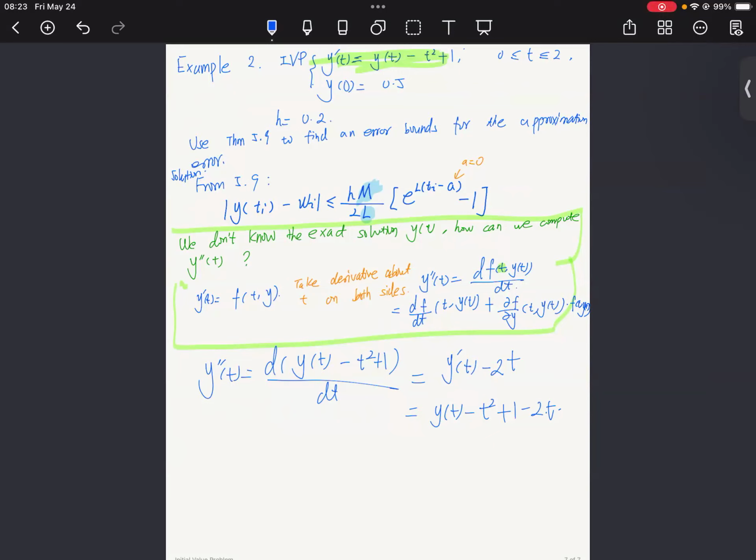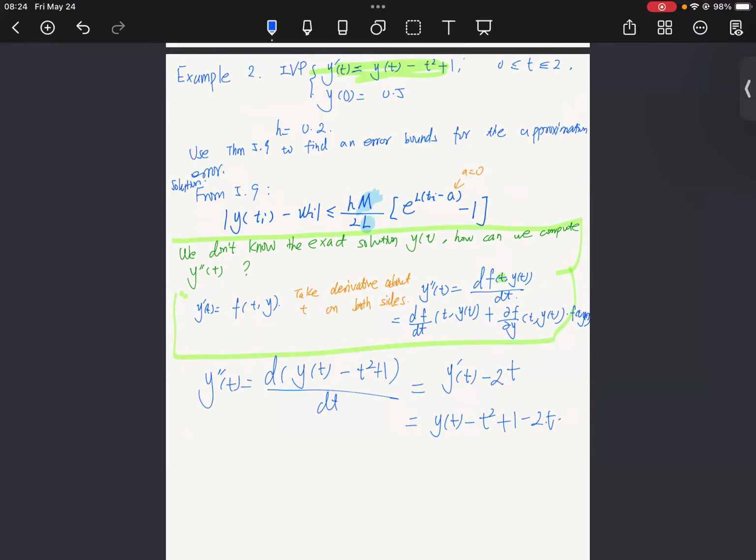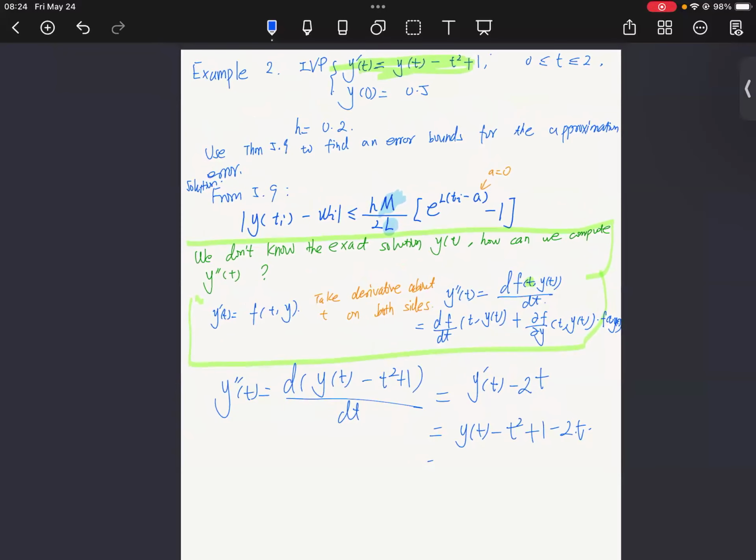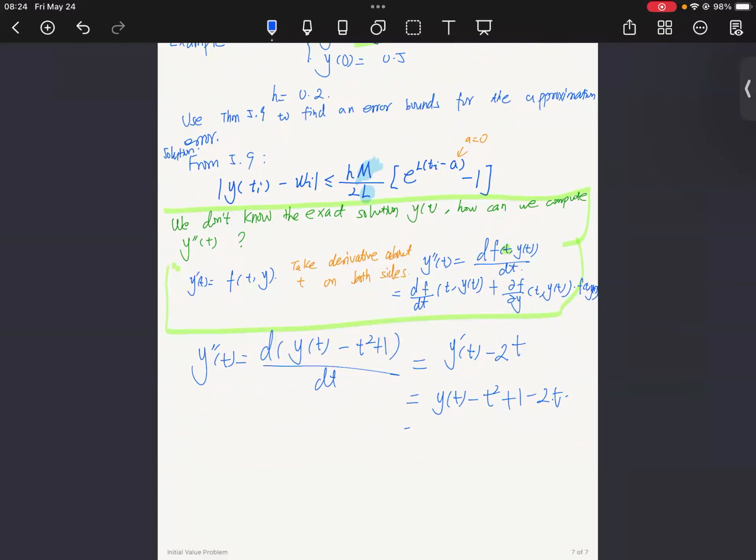The textbook is going for the exact solution, but we are not doing it in this way. We need to estimate this y''(t) with the information we get from the question. So we take the first derivative, and we have y'(t) minus 2t. And now we also need to estimate the bound. Let's see the L first.